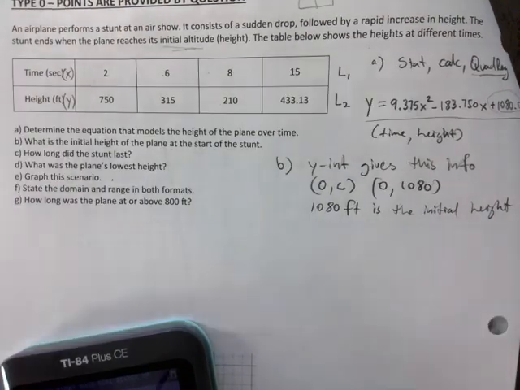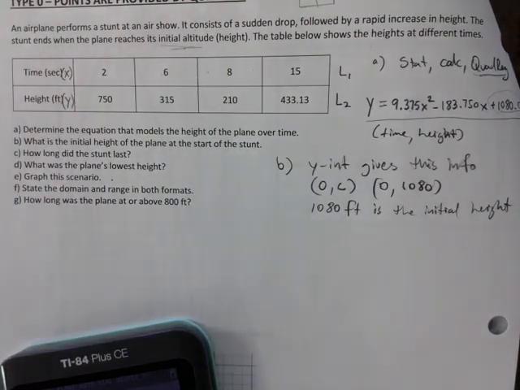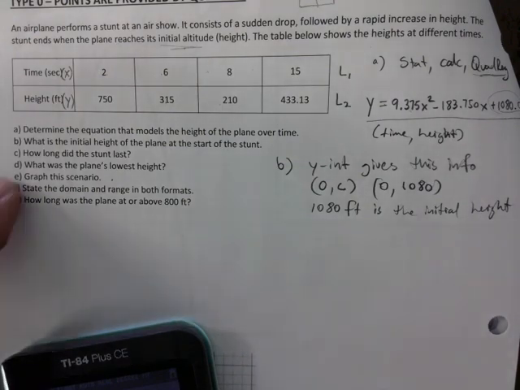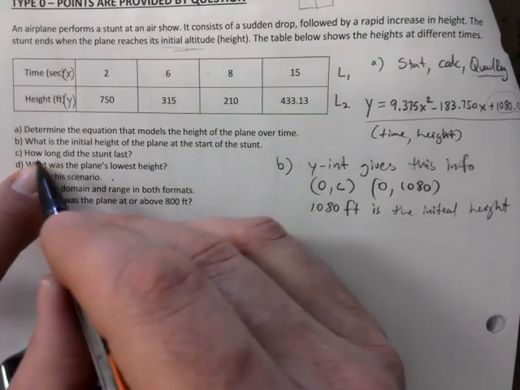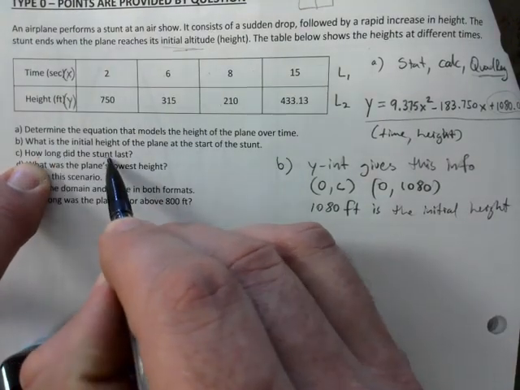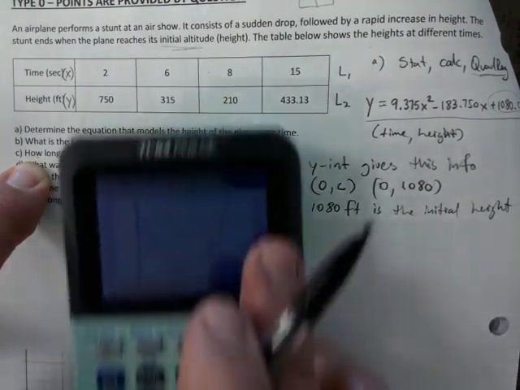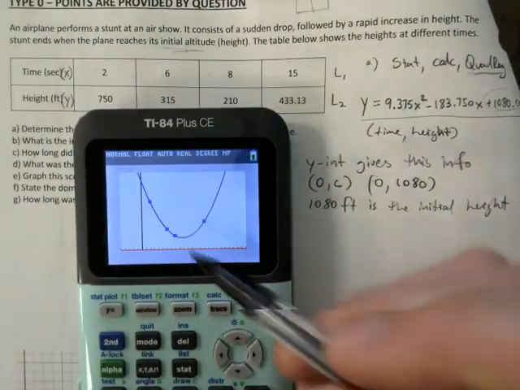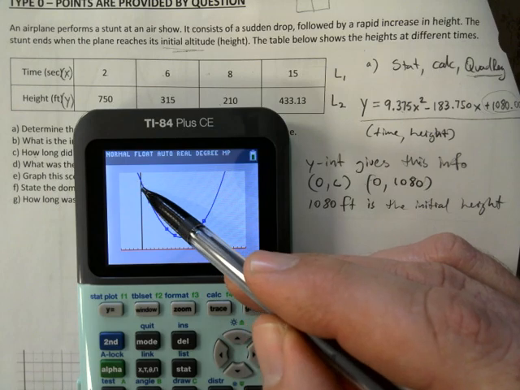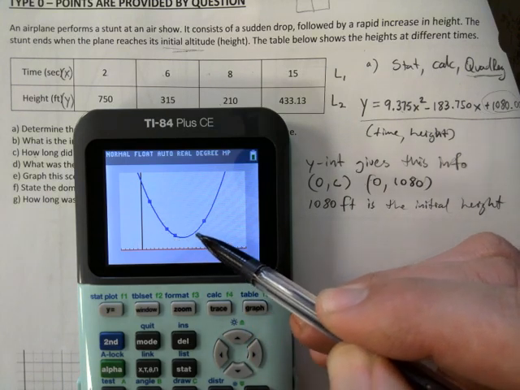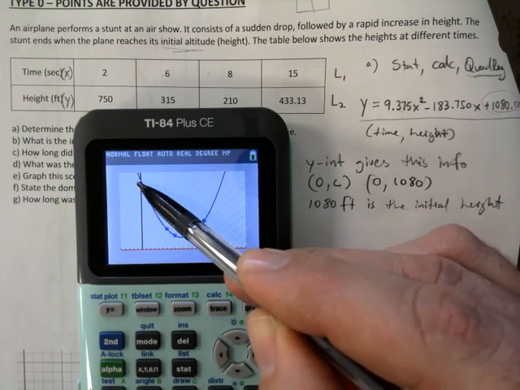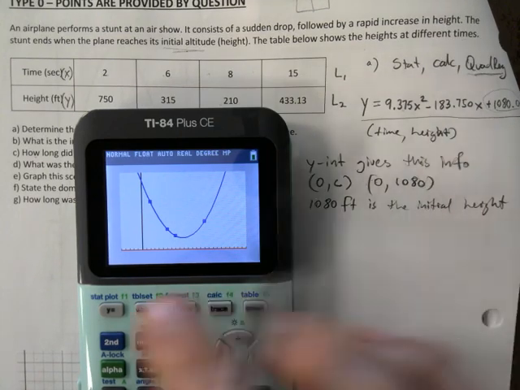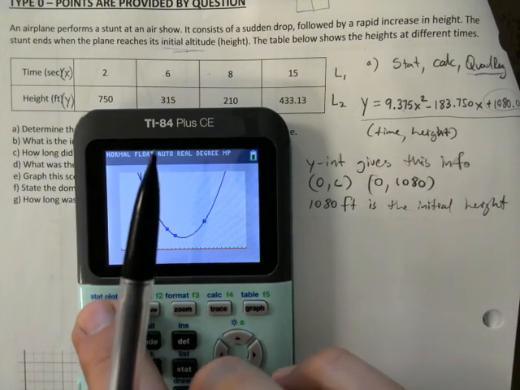Okay, so it's basically once you come up with the equation, it's back to word problems with the equation, right? How long did the stunt last? Okay, so picture this with me. The stunt starts at time 0, and we're told that it ends when it gets back to the height that you started off with. So watch what we're going to do here.